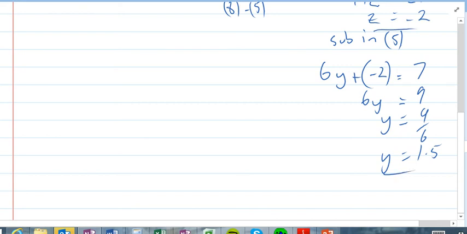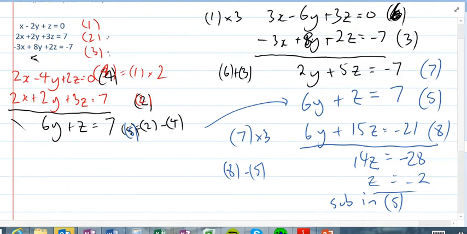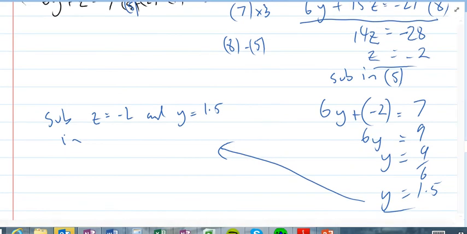To find x, I'll just go over here. Sub z equals minus 2 and y equals 1.5 in, let's go back to our original equations and see which one's the best one. Which one's going to be the best one? What am I trying to find? X? Number 1. Yep, so number 1's going to be the go.